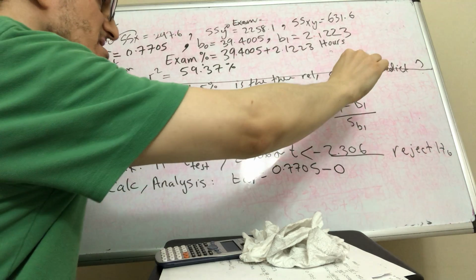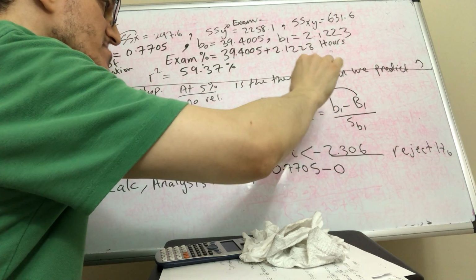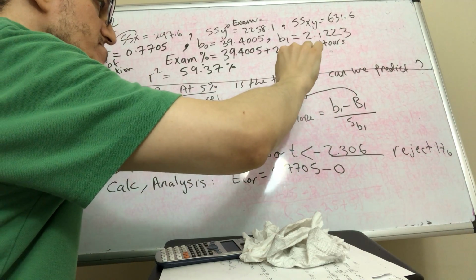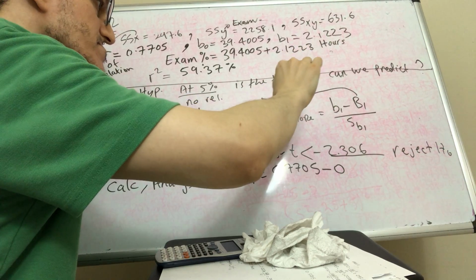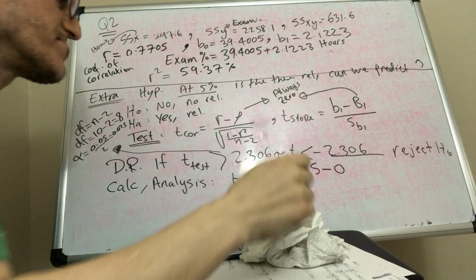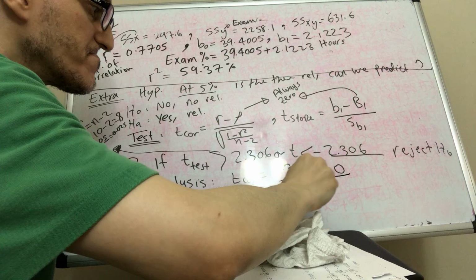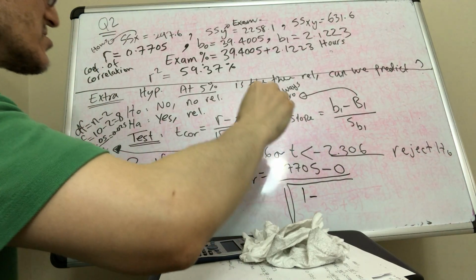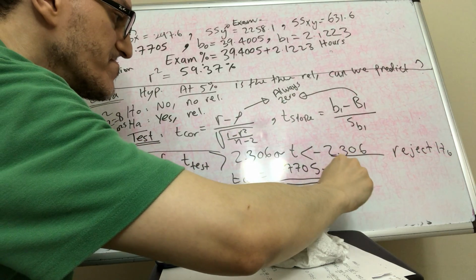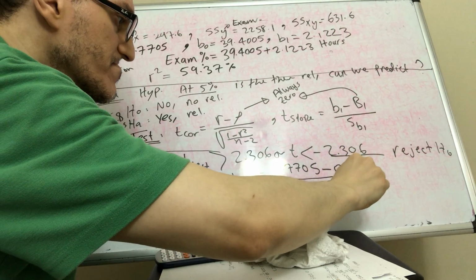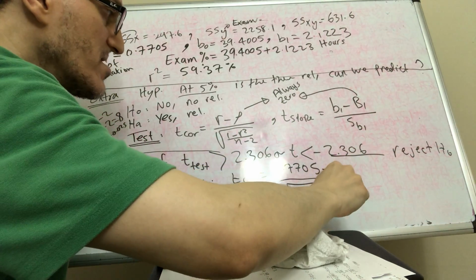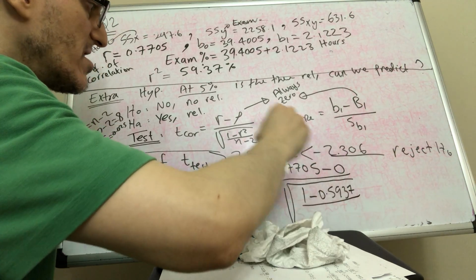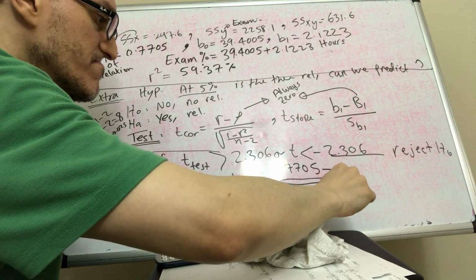This and this, always 0. Then we have the square root of 1 minus r squared, and in the bottom n minus 2.